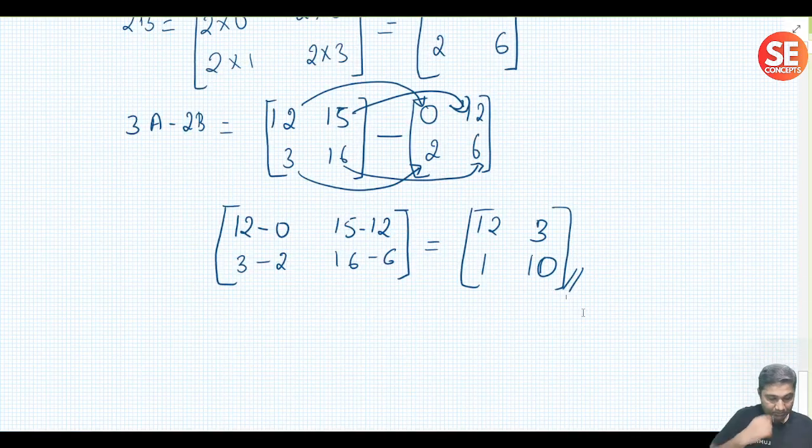So this is simple addition and multiplication. Next, let me open your syllabus. I hope everybody understood this matrix addition.